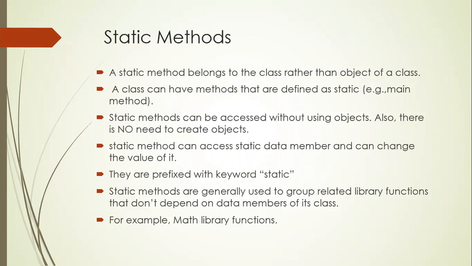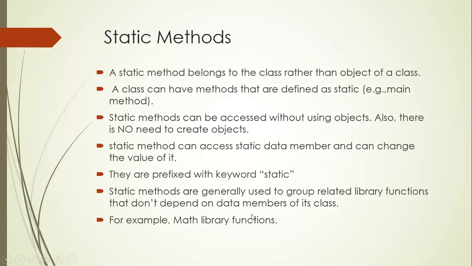What are the instance methods? The regular methods which are not prefixed with the static keyword. If you want to initialize an instance variable, we use instance methods. If you want to initialize static variables, we use static methods, which are prefixed with the static keyword, as you know.